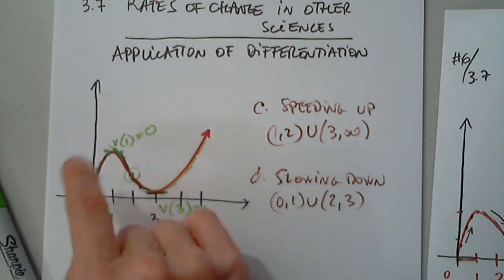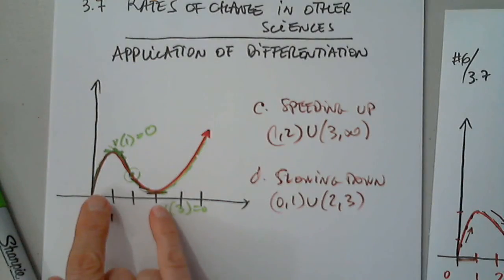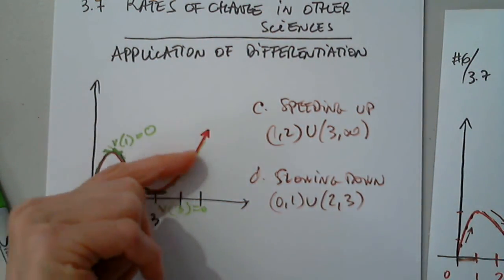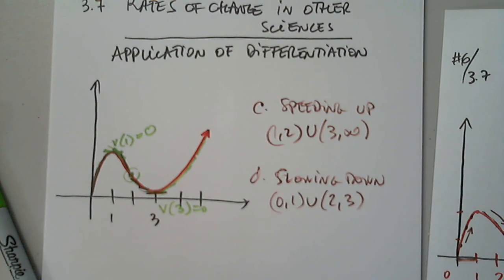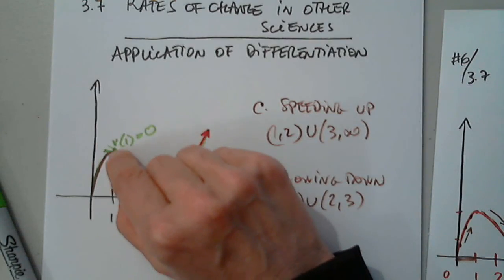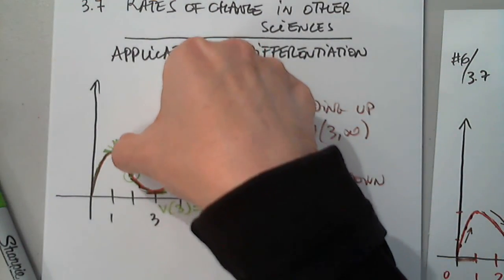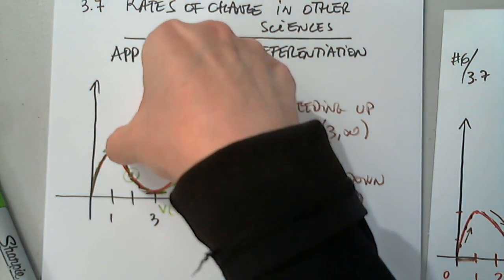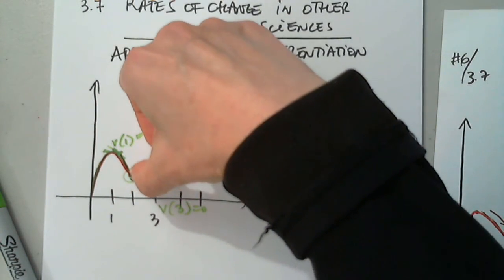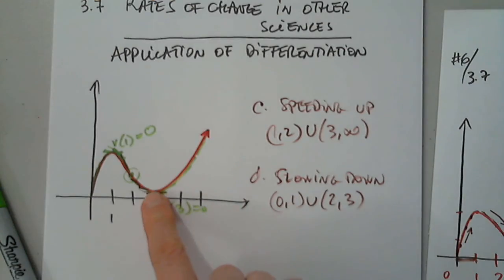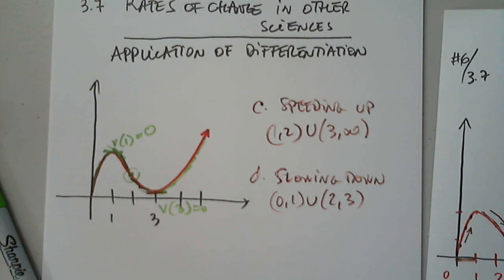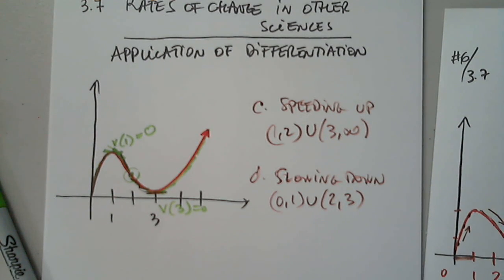So between these two it is going this way, between these two it is going this way if it's a particle, and between these two it will continue forever in the positive direction. Who cares? Slowing down to speed 0, increasing, going backwards, increasing till this point when it starts leveling off again, and then increasing. Any questions on this problem?